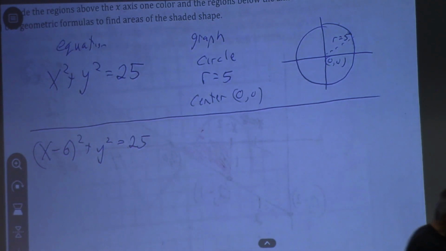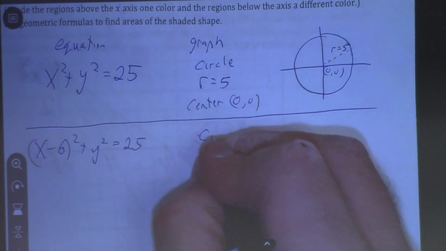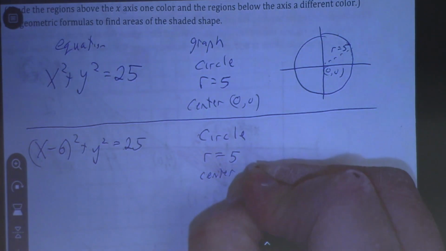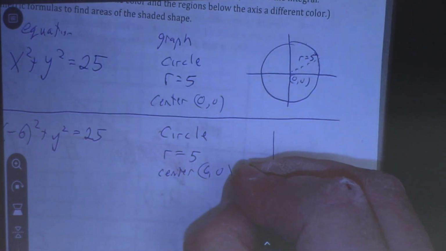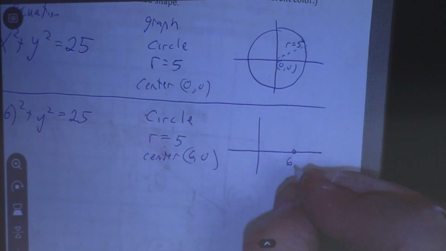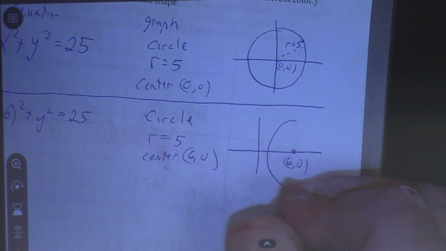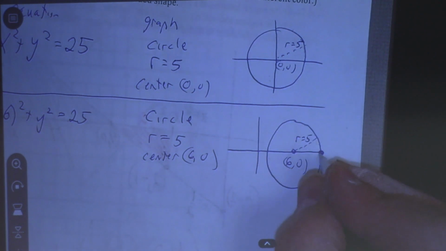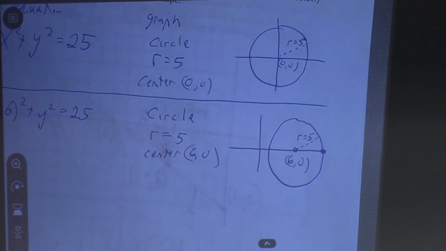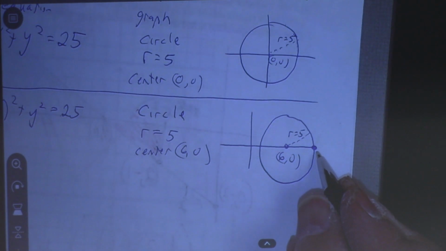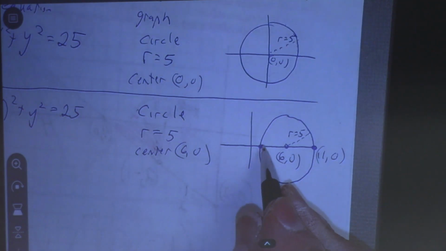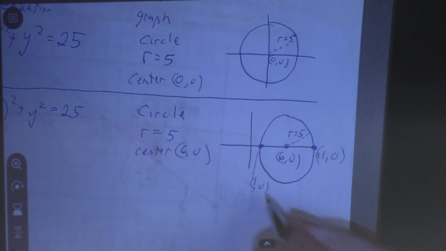So a circle, r is still 5, and the center is at 6, 0. So that's going to look like this, 6, 0. Radius is 5. What's that point? 11, 0. And what's the other crossing? 1, 0. Because it's a radius 5 circle.